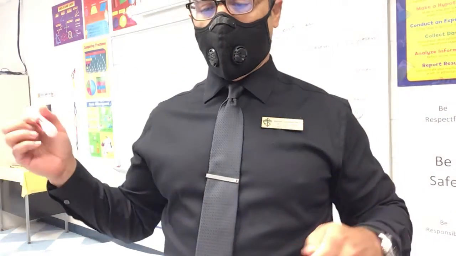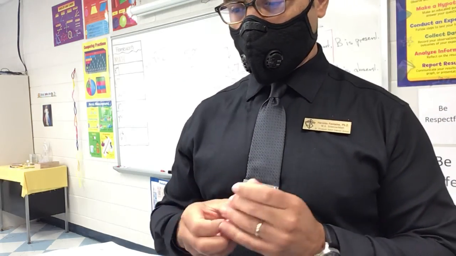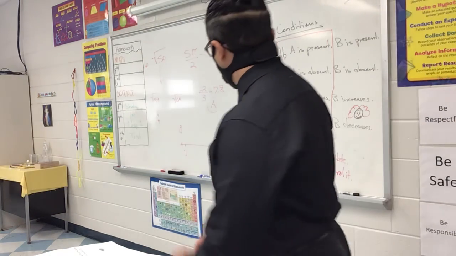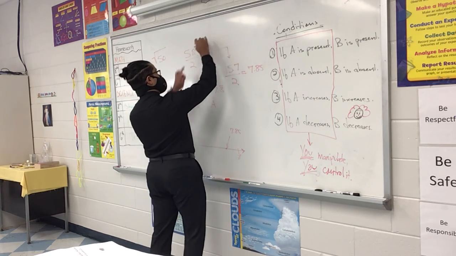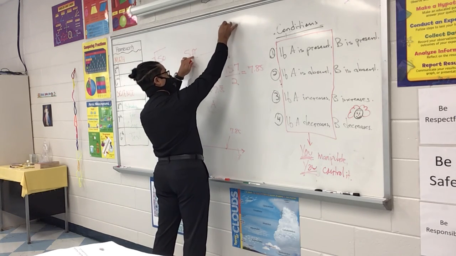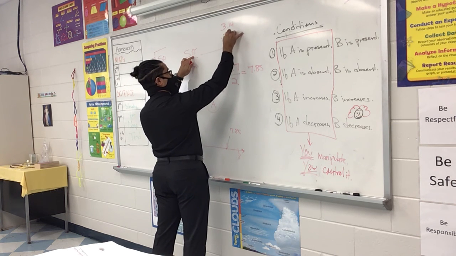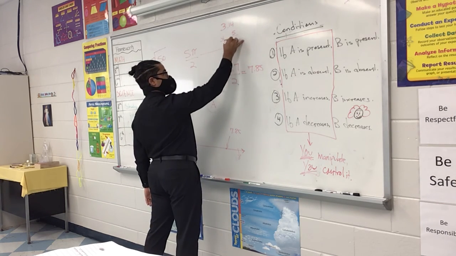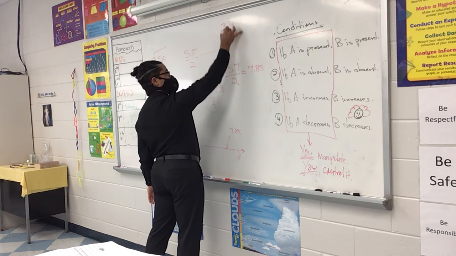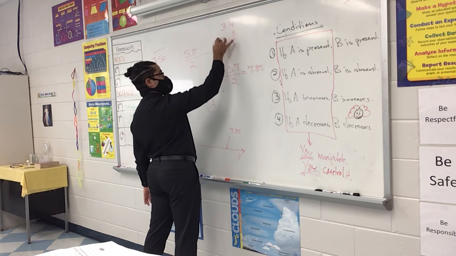Rafael? How did you multiply 5 times pi? Pi is approximately 3.14 times 5. Oh. We're multiplying decimals. That was last year, at least.